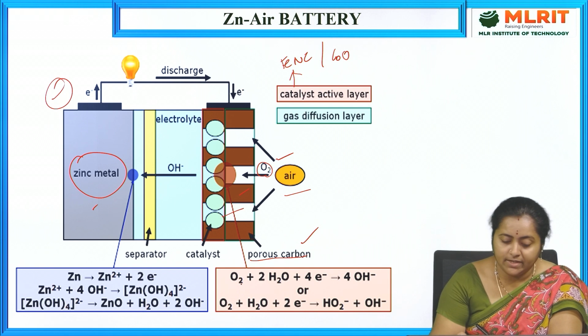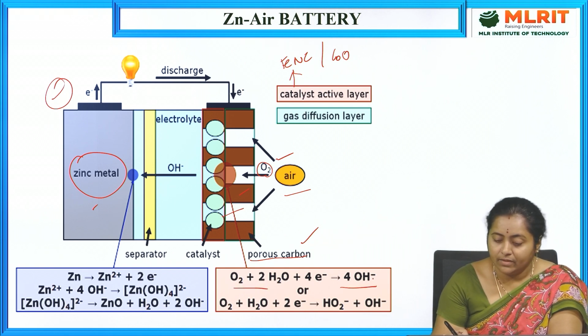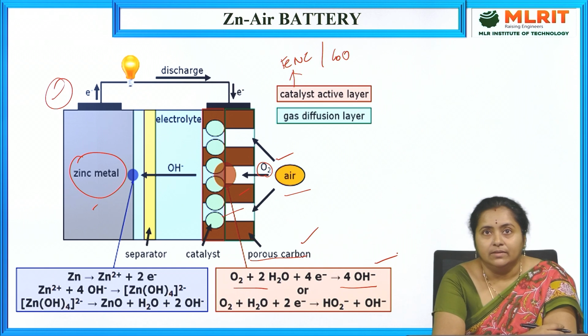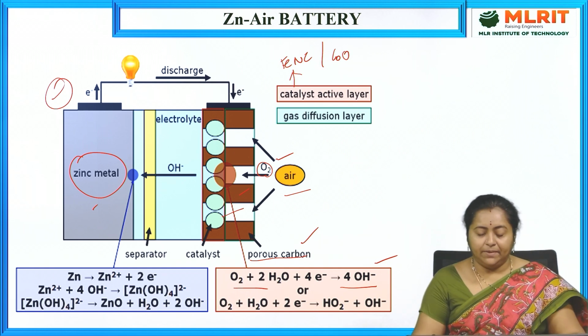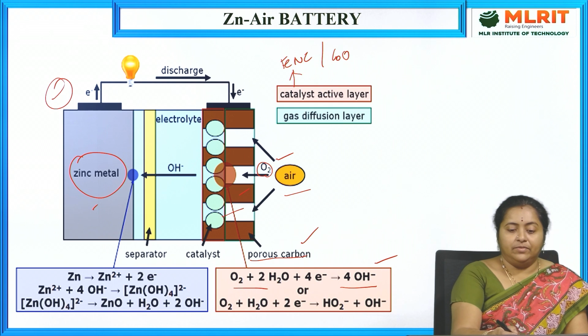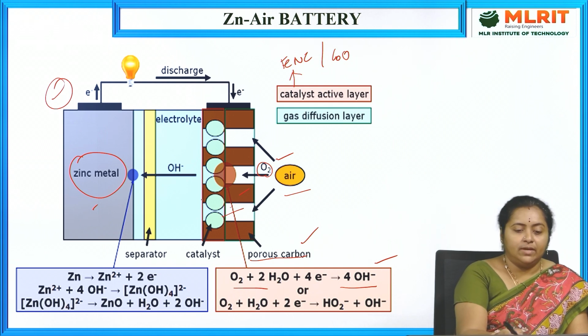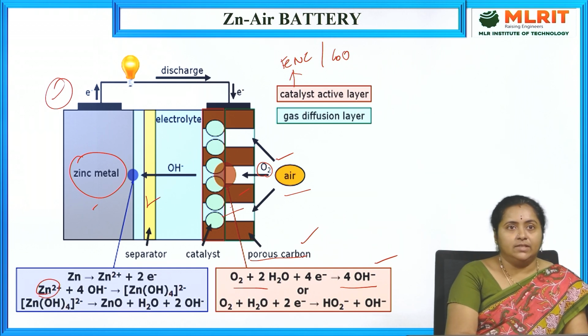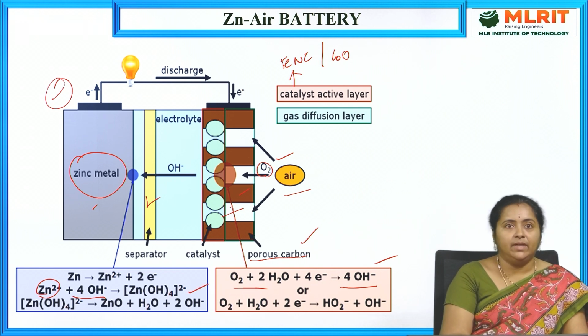As a result, this oxygen is able to release OH minus ions into the solution. Then these OH minus ions will travel from the cathode chamber to the anode chamber via this membrane, or we can call it a separator. There we have Zn2 plus ions, zinc metal ions. They combine with OH minus ions, and as a result zincate ions are produced.